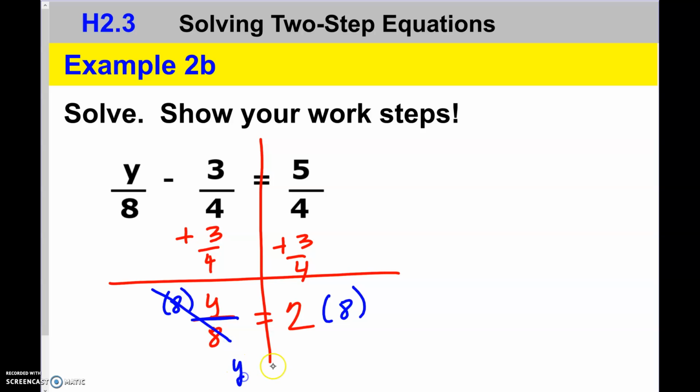So we just have y equals, and 2 times 8 is 16. So remember, when it says y divided by 8, our work is going to be to multiply both sides by 8. All right, that should be a review of what we do on two-step equation solving. So good luck on your homework.